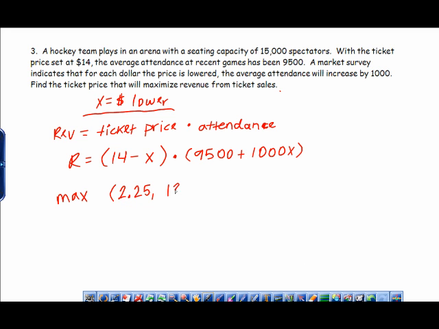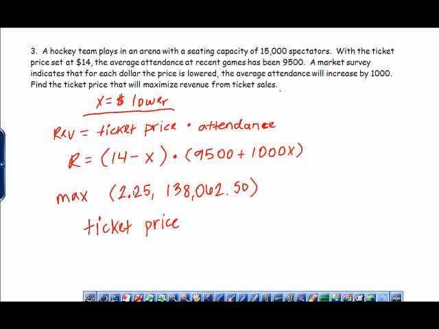And then let's interpret our answer. We always got to interpret our answer, because here, X did not represent ticket price. Remember, X was the number of dollars that I lower it. So if I want to find what is the ticket price that gives me this maximum revenue, I've got to subtract $2.25 from my original price, which was 14.